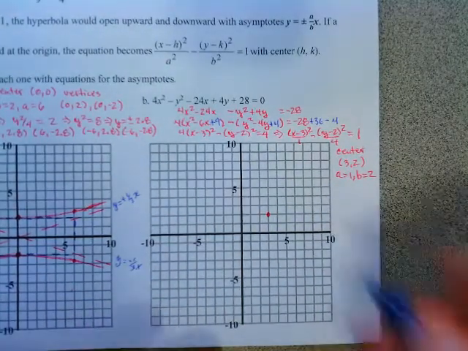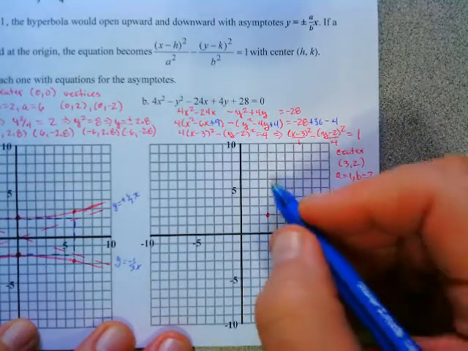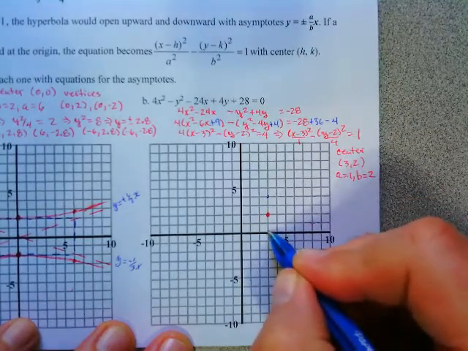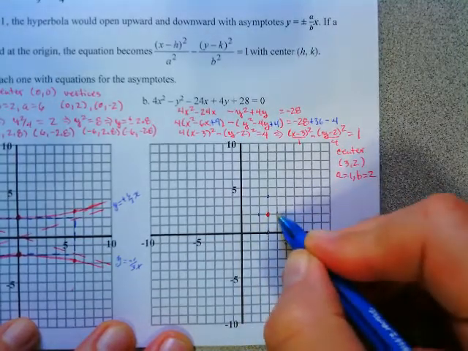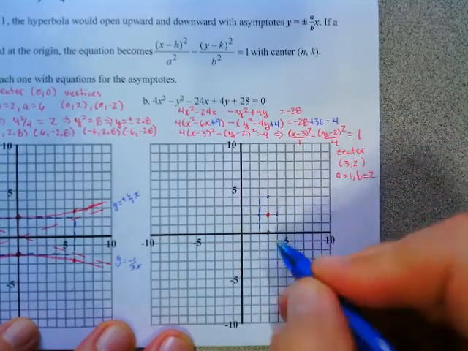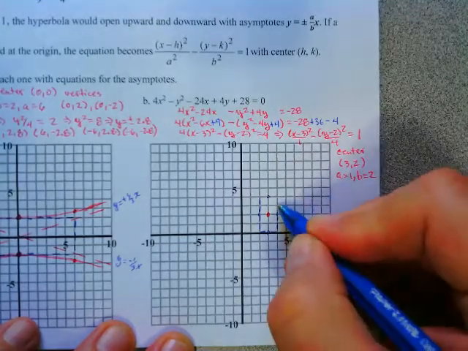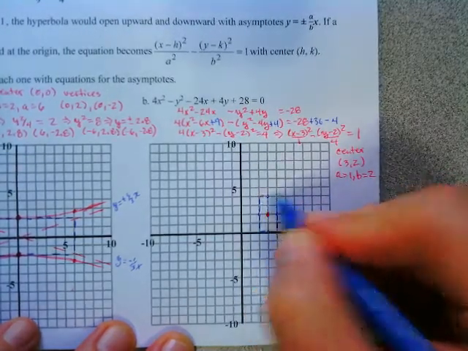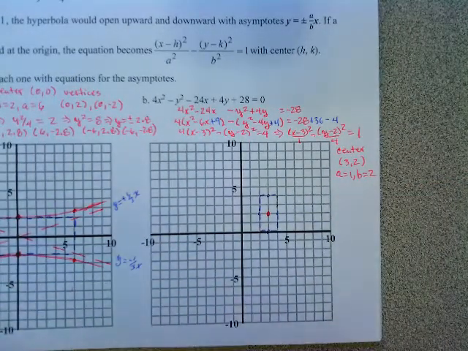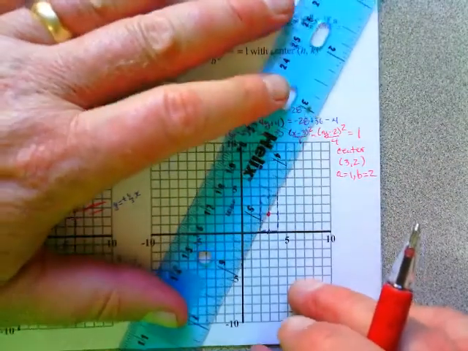And then from that, I'm going to go up 2 and down 2, and here and here. So my box will look like that. Go ahead and draw my diagonals.